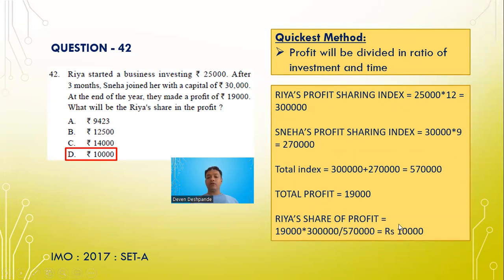It will be 10,000, because when you do this, 19 threes are 57, and 3 lakhs upon 30,000 will be 10, and 10 into 1,000 will be 10,000. So total share of Ria's profit will be 10,000.